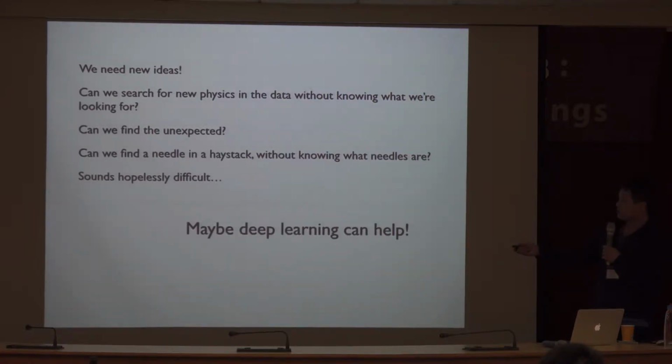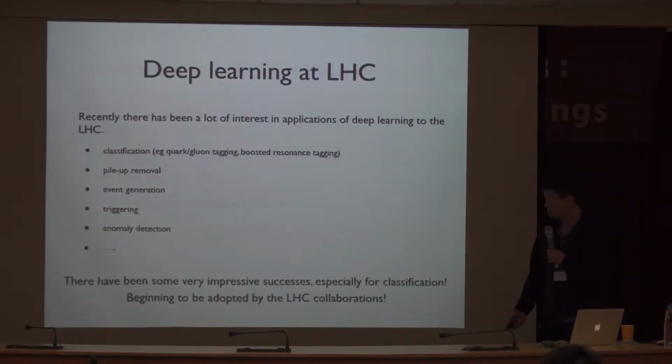And so a very extreme version of that is, can we find a needle in a haystack if we don't know what a needle is? So it sounds hopelessly difficult, but along comes this new breakthrough coming from the real world of deep learning and artificial intelligence. So there's some hope that when applied to the LHC, this could yield major new results.